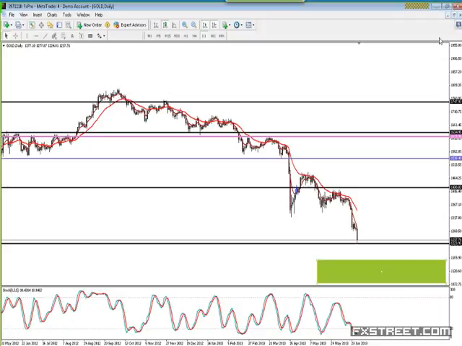To me, chart reading, forecasting, knowing where it's going to go, is the easiest part of trading, by far.